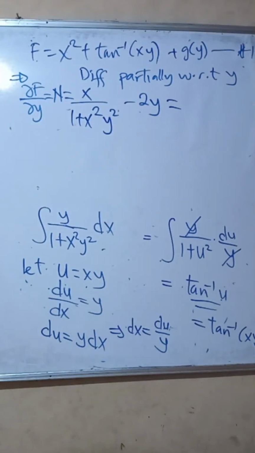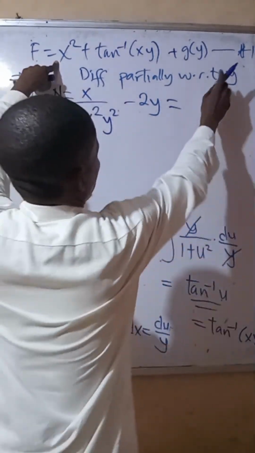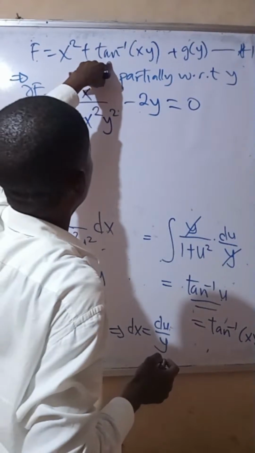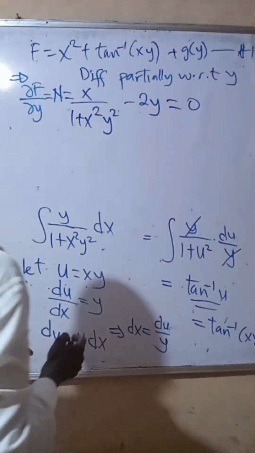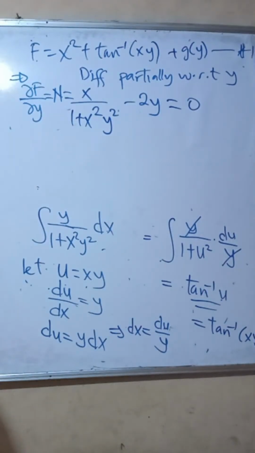So we're going to differentiate x squared with respect to y, and that'll be a constant, 0. Differentiate arctan xy. If you differentiate arctan xy, it's just as if you are going back to the previous.